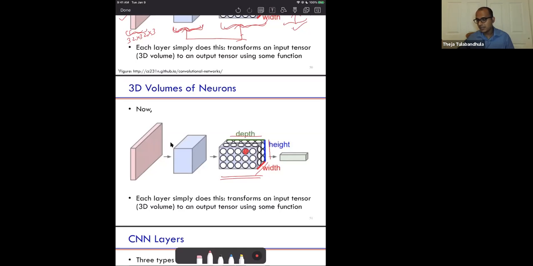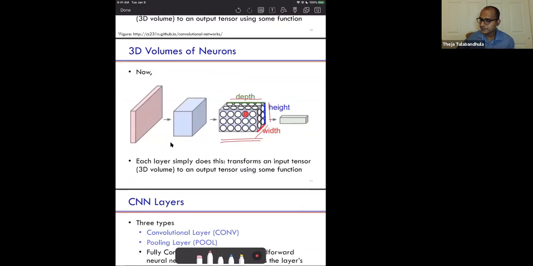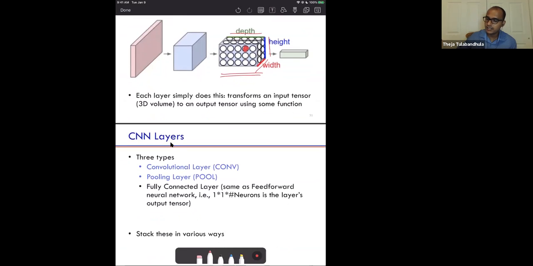But these numbers are arranged in a specific way in this tensor form, and in particular, this particular box will have a computation corresponding to it, which is the convolutional operation. So it's called a convolutional layer. And we'll also look at a different layer called a pooling layer.